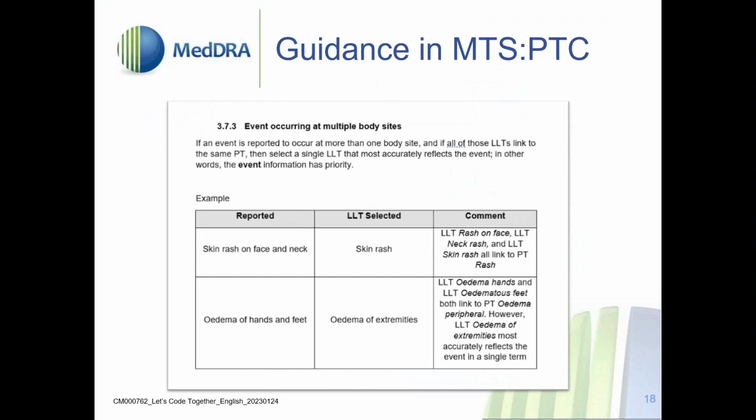But by selecting early morning joint stiffness, we capture the fact that different joints are affected, and we capture some additional information that is medically relevant in this instance, because the fact that the stiffness occurs in the morning really points at specific medical conditions like, for instance, arthrosis. In this case, I would prefer to assign this LLT, early morning joint stiffness, because more than one type of joint is affected.